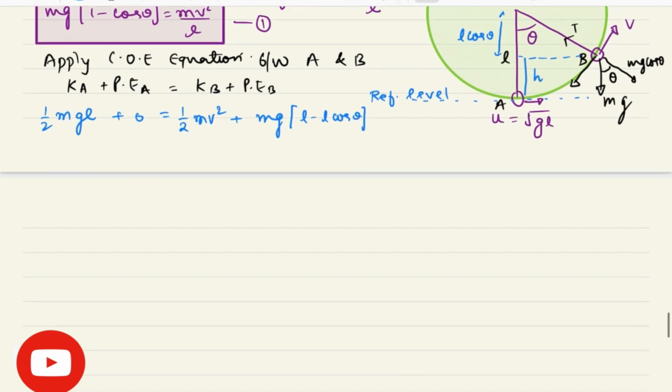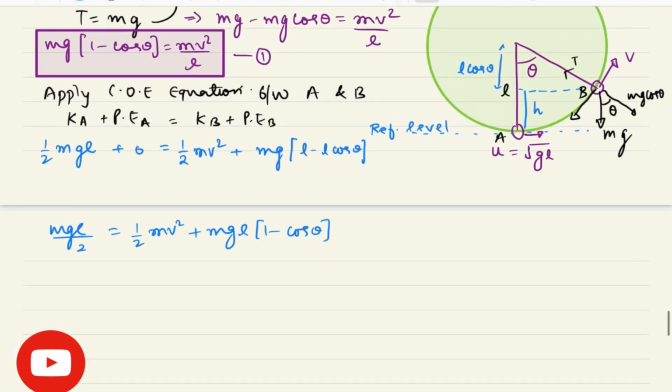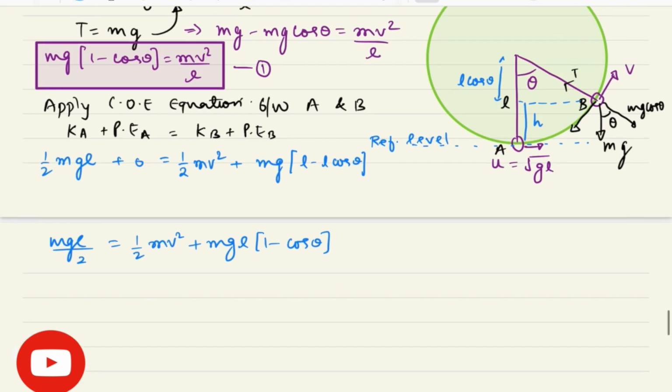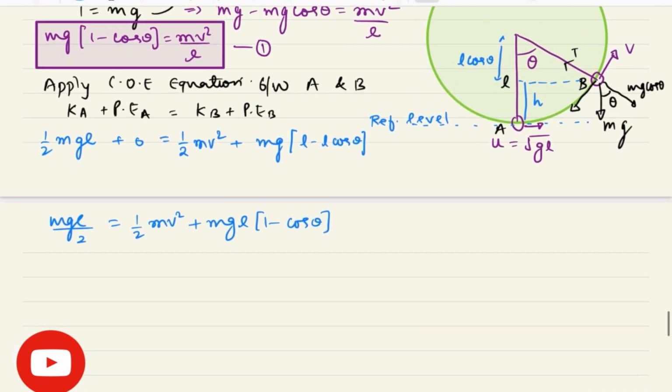Okay, so let's solve it further. It becomes mgL by 2 equals 1 by 2 mv square plus mgL(1 minus cos of theta). Now from the first equation we have mv square upon L, so we can use equations first and second. We can use the value of mv square from equation first and substitute it in this equation.